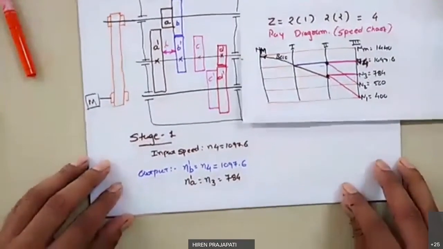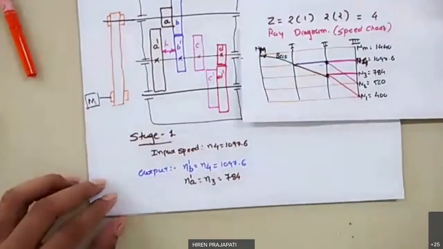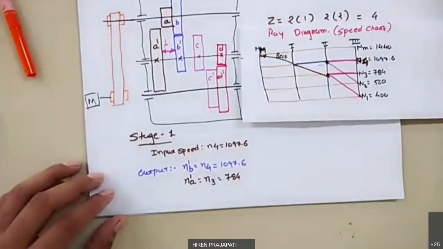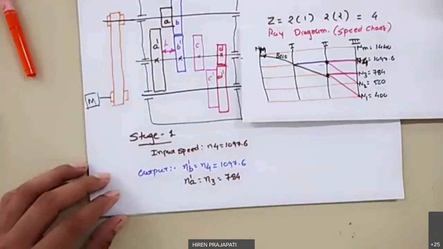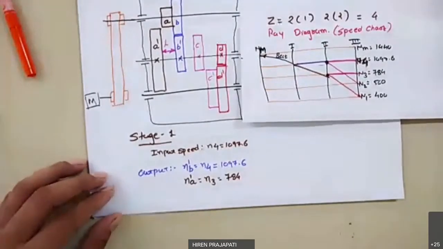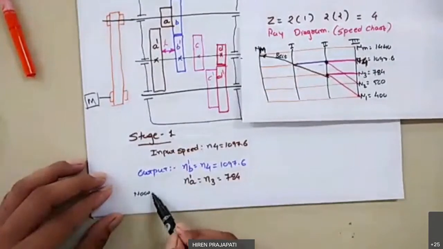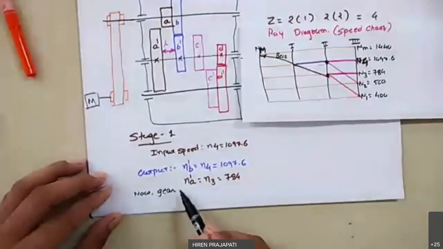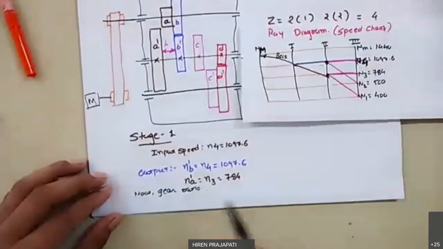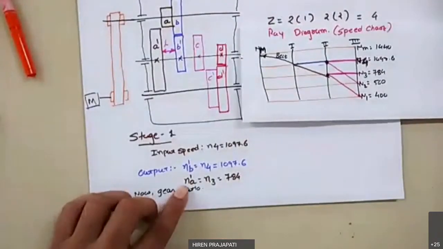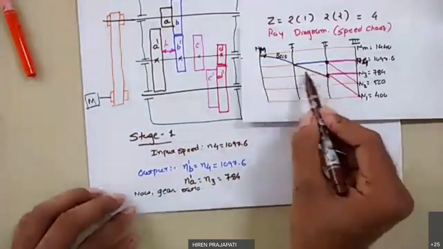Now, what is the gear ratio? Let us write that. Now, for the gear ratio, here we are getting a reduction.